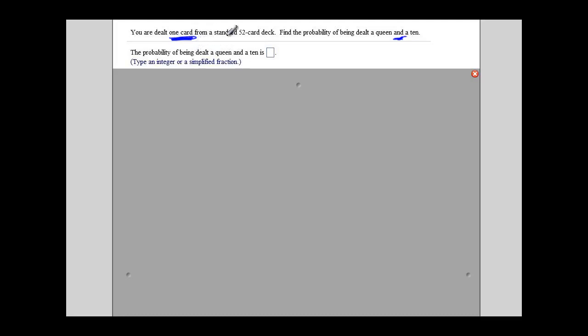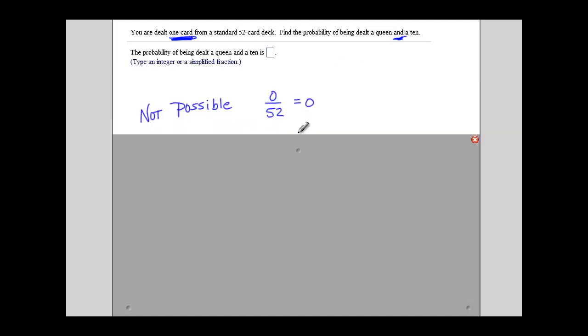Would any card fit that definition? We know that's not possible. So there are 0 favorable outcomes out of a total of 52 outcomes, which obviously leaves me with 0 as the probability of being dealt both a queen and a 10 with only one card being dealt.